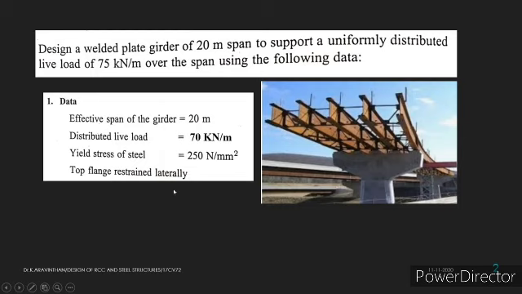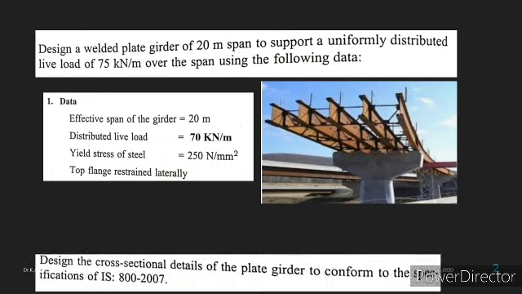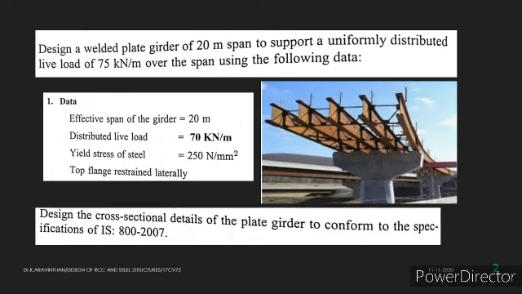This is a condition which is also given. So with this given data, let us design the cross sectional detail of the plate girder to conform to the specification of IS 800 2007.